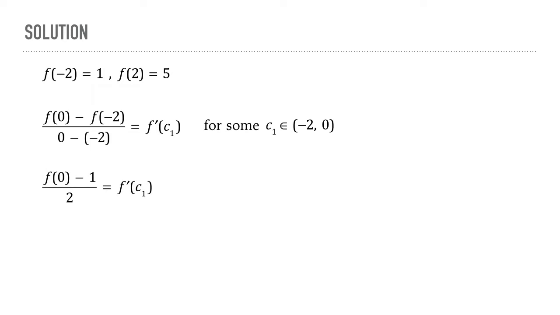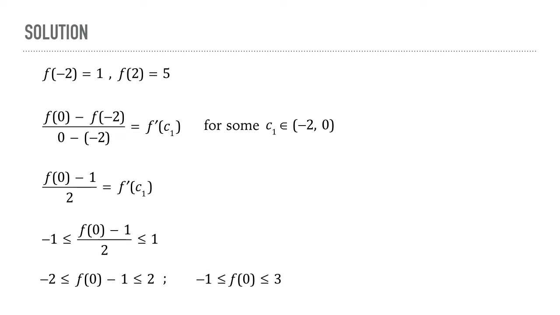Now the derivative is always less than or equal to 1, which means we can write down this condition. Now multiplying throughout with 2, we can say that f(0) minus 1 lies between +2 and -2. Now adding +1 throughout, we can say that f(0) must be between -1 and 3.